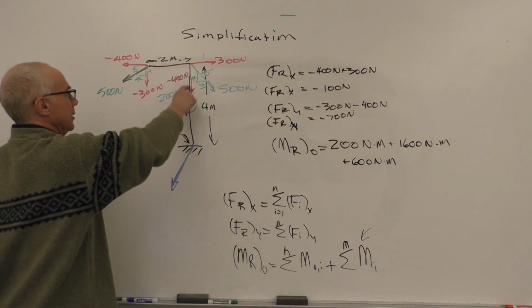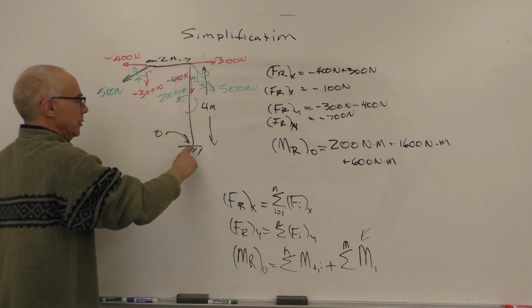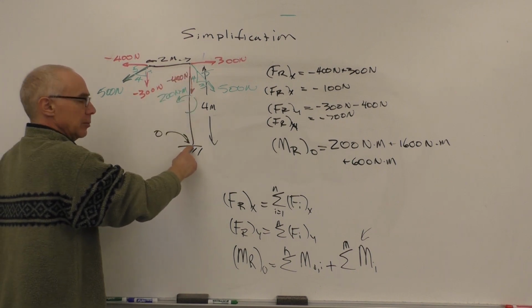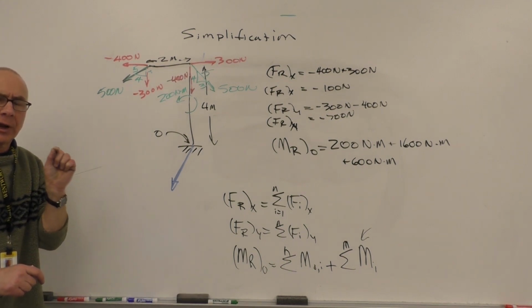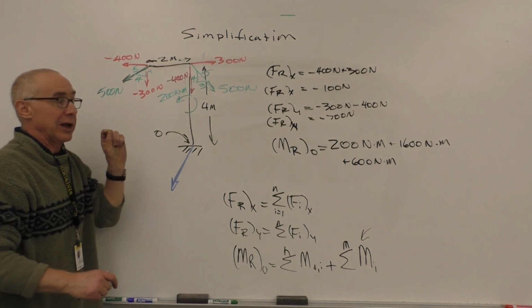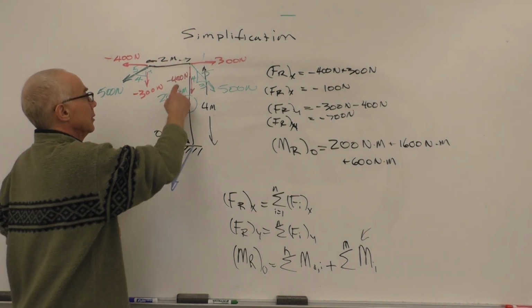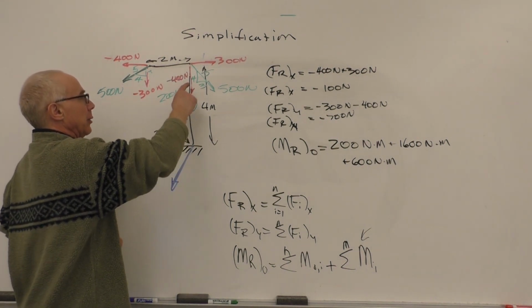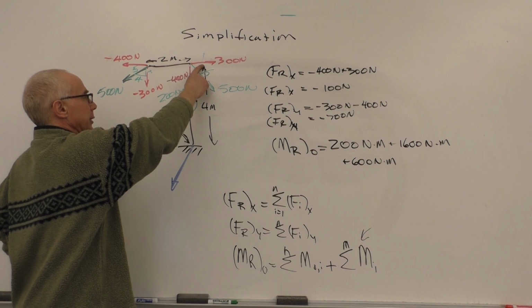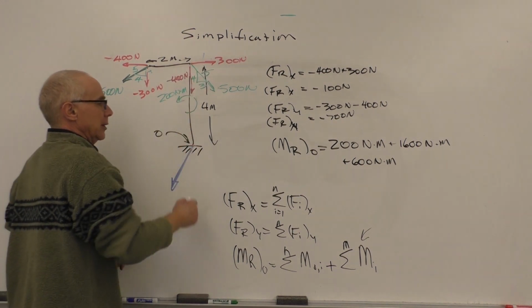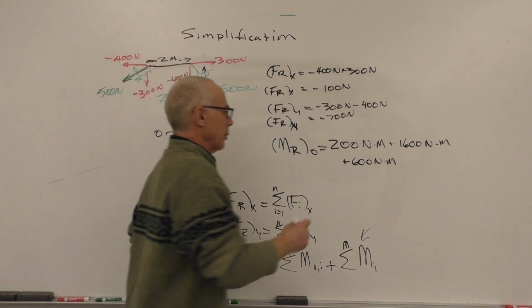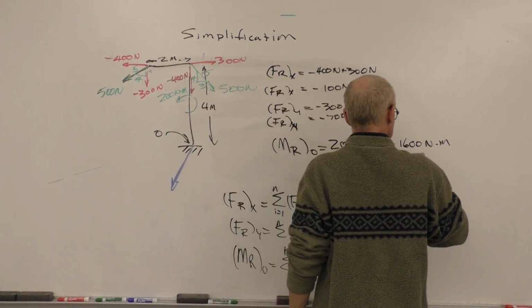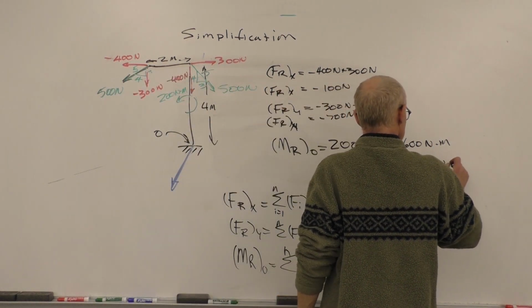There's this one. But this one happens to go right through my point O. So that means the moment arm is 0. It has a 0 length moment arm. So it has no moment related to that force. So we'll skip over that one. But we do have this one, 300 times 4 is 1200. And this one is going clockwise, minus 1200 Newton meters.